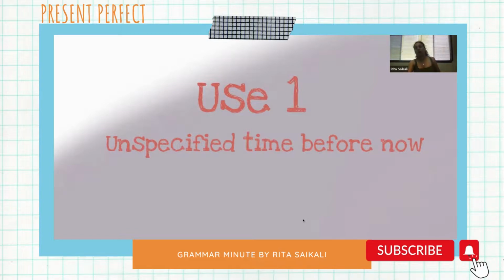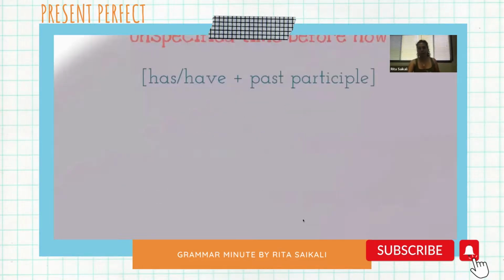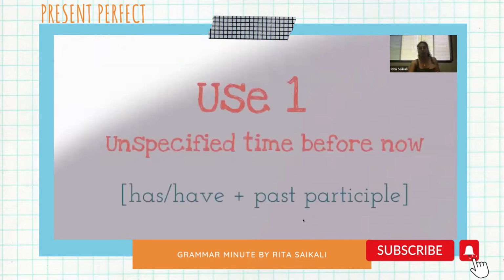All right, so again, unspecified time before now: has, have, plus past participle. That's the structure, okay? So I have seen that movie 20 times. We don't know when he saw that movie. We just know that he saw that movie 20 times. So it's unspecified time.